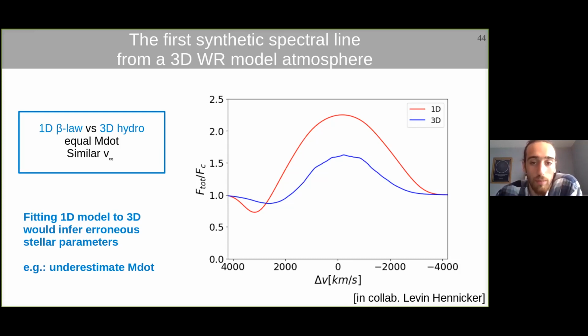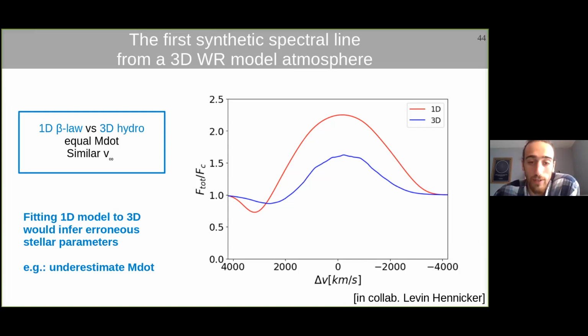Those are in blue, and we compare these to a synthetic spectral line that we've computed using a 1D spherically symmetric beta-law velocity, where we use the same stellar parameters, the same mass loss rate, and the same asymptotic velocity. What you can see from this is that there's a huge difference in using either a 1D beta law or a 3D hydrodynamic structure when computing your spectral lines.